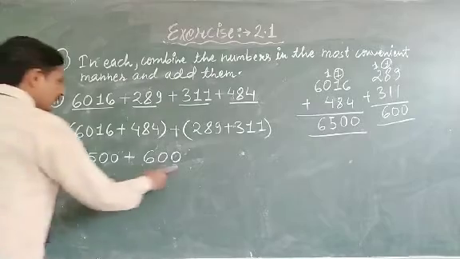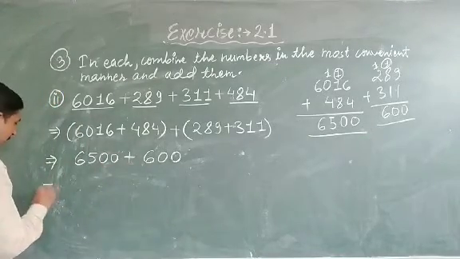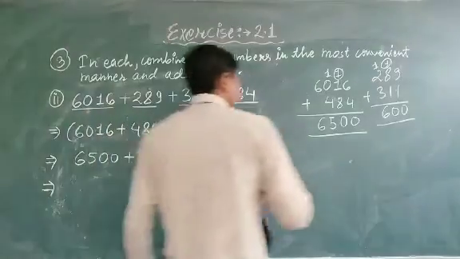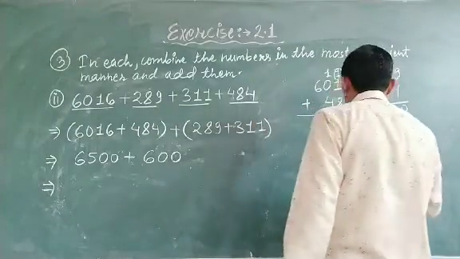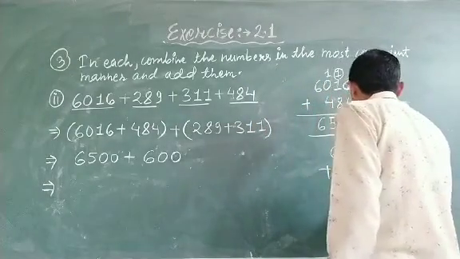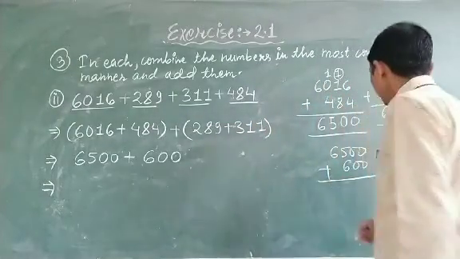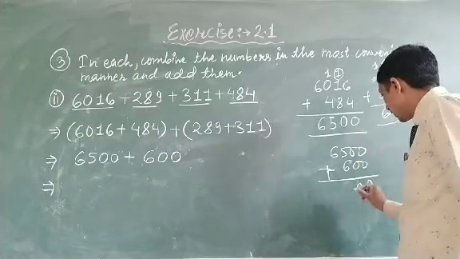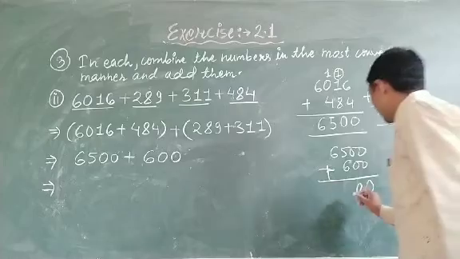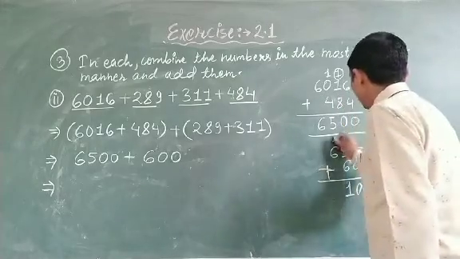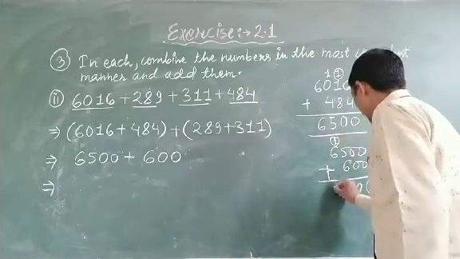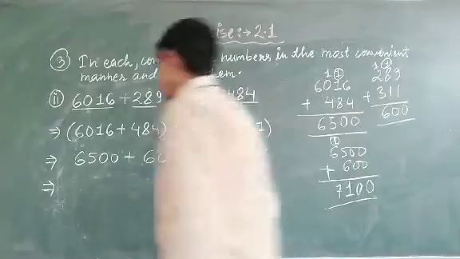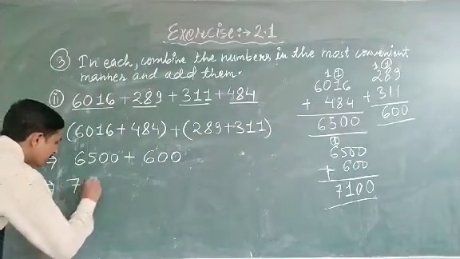We have to add these two to get our final answer, that is 6500 plus 600. Now you see 0 added to 0, we get 0, 0 added to 0, get 0. 5 plus 6, 11, 1 is carried. 6 plus 1, 7. So our final answer is 7100.